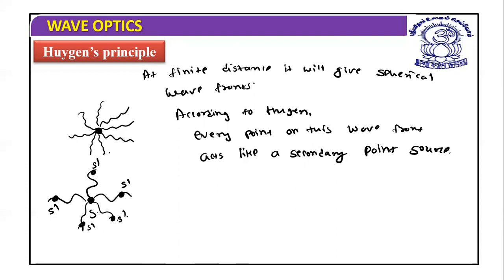So it will also emit light, but only in forward direction, not in backward direction. If we join the final position of waves, we will get the secondary wave surface, which is effective only in forward direction.